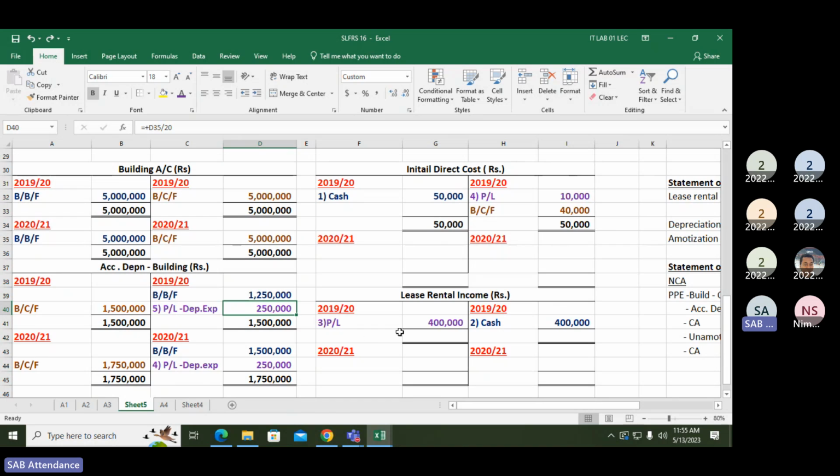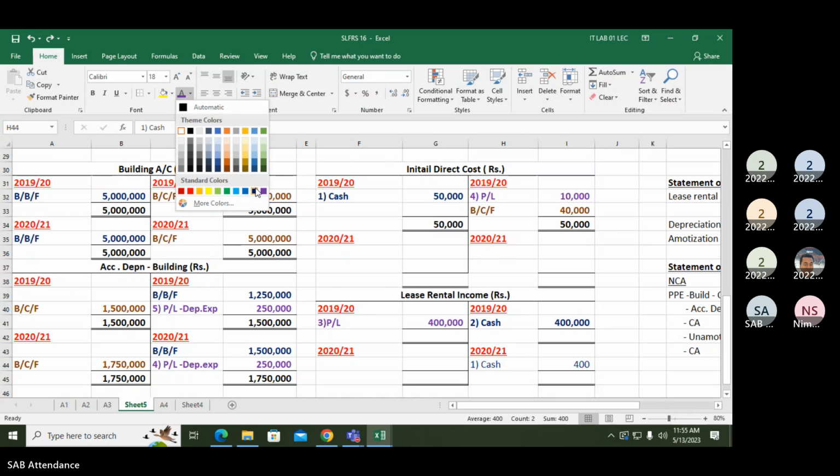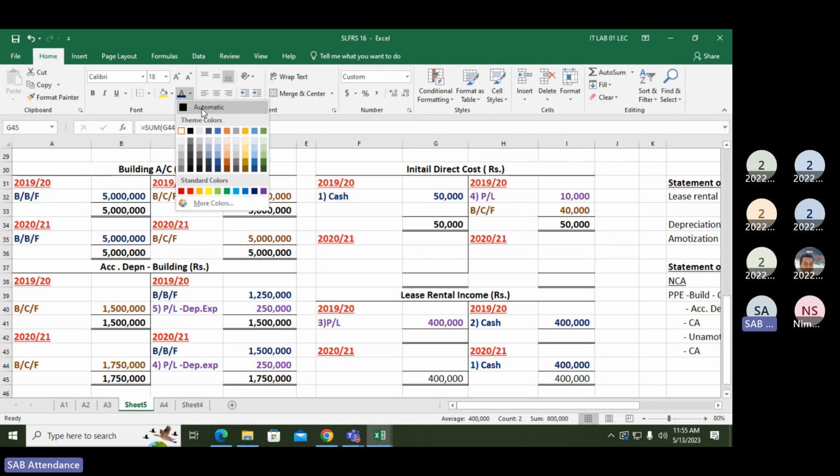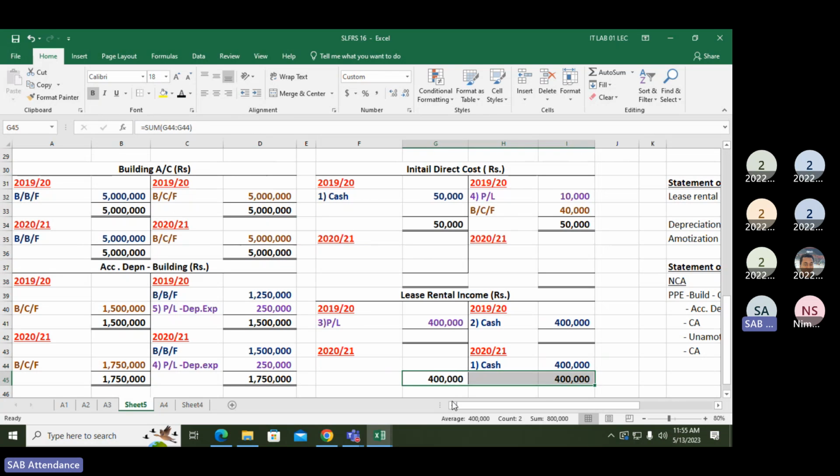When we go to the second year, in the second year also we receive cash, $400,000. That 400,000 is charged to P&L.